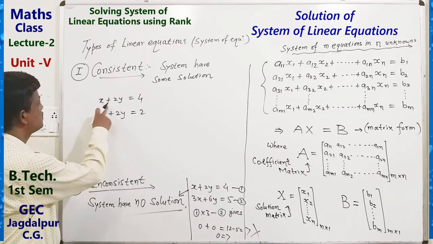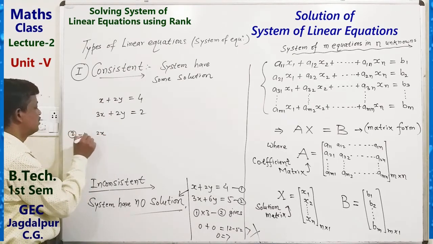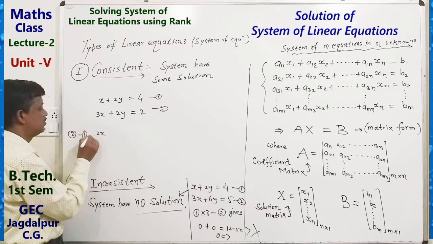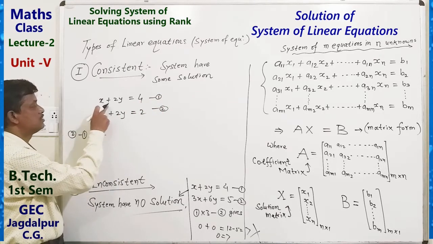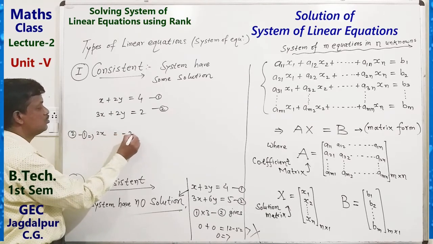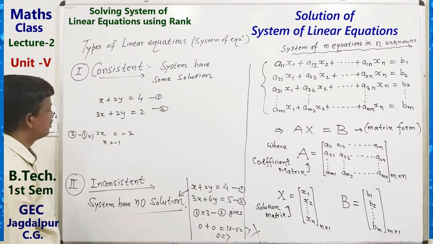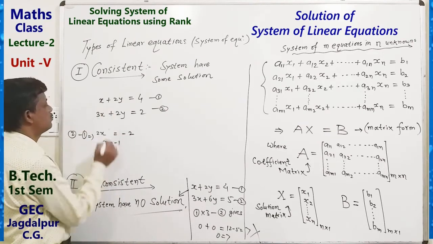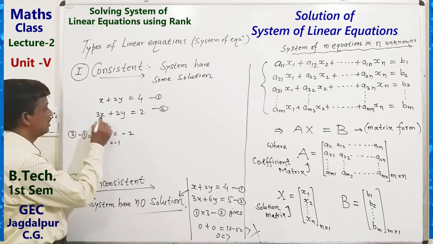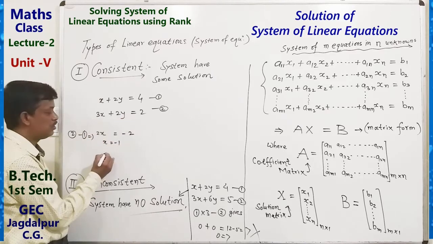This minus this, 2x equals to minus 2, x equals to minus 1, then y equals to 5 by 2.